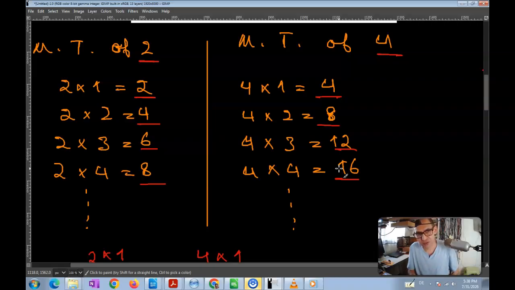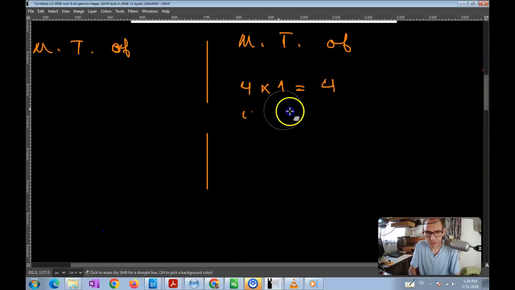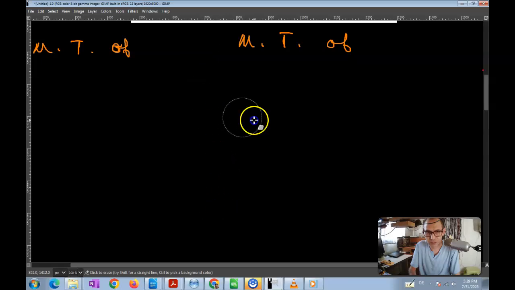And this would also explain, for example, the relationship between the multiplication tables of 3 and 6, right? Now, we have not done the multiplication for 6 yet, but if we do a couple of those, we can see that the same relationship exists there as well.